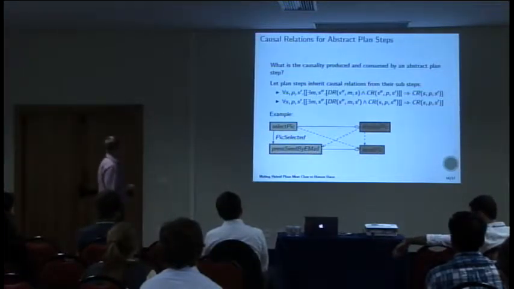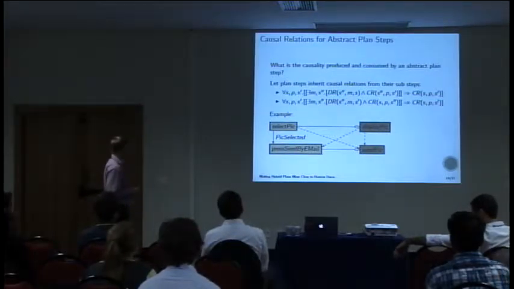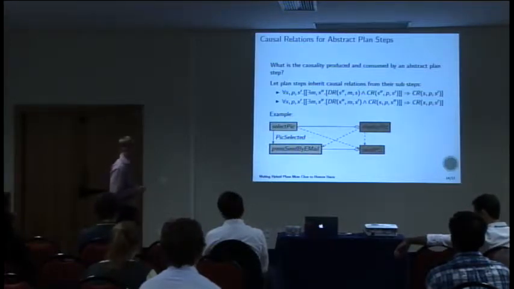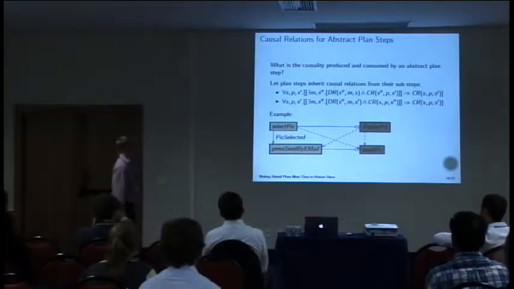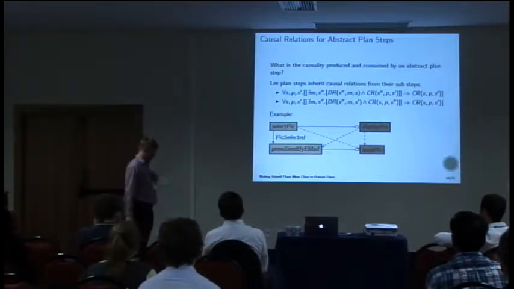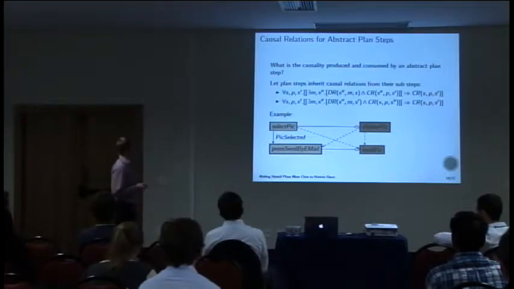And then the second axiom allows us to derive this causal relation, and of course we can let this causal relation be inherited again to even get a causal relation that is only between abstract plan steps. So now we can go back and forth between the levels of abstraction in the plan as we like.